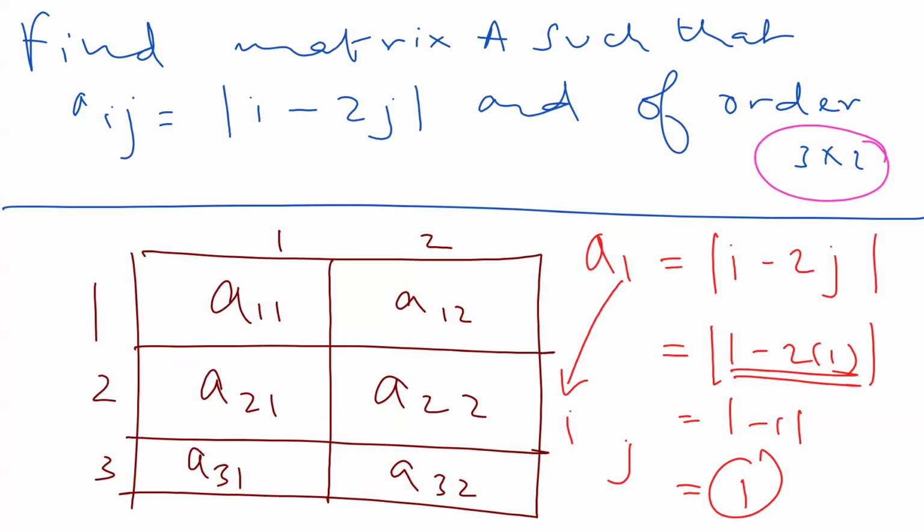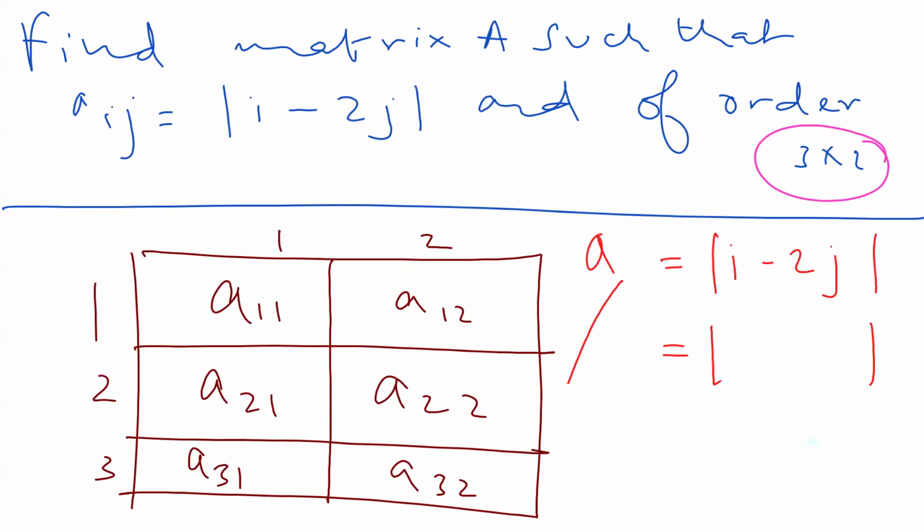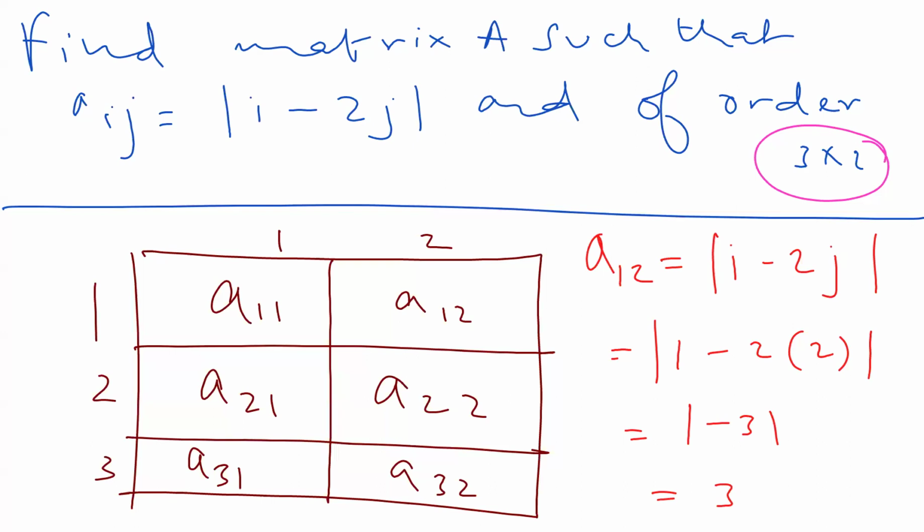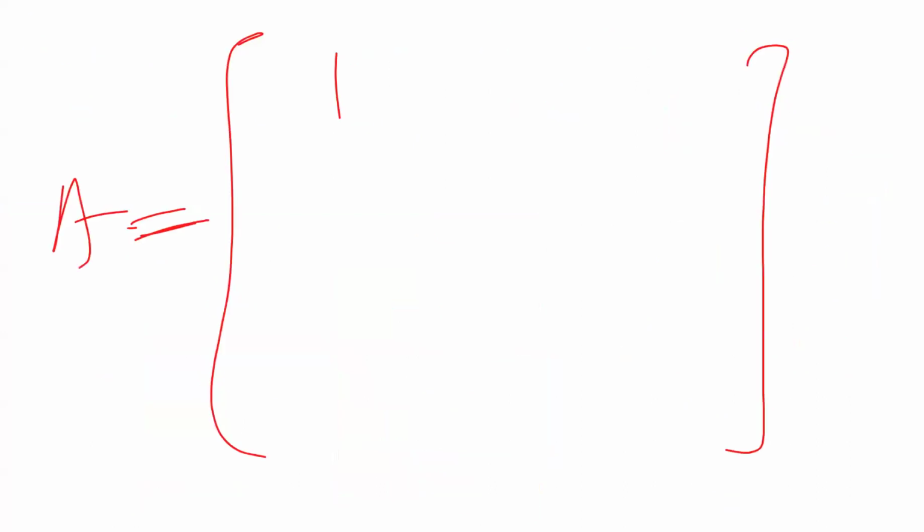A12. Guys, tell me who is I and who is j? I is 1, j is 2. 1 minus 4 is minus 3, modulus of minus 3 is 3. So this object is 3.